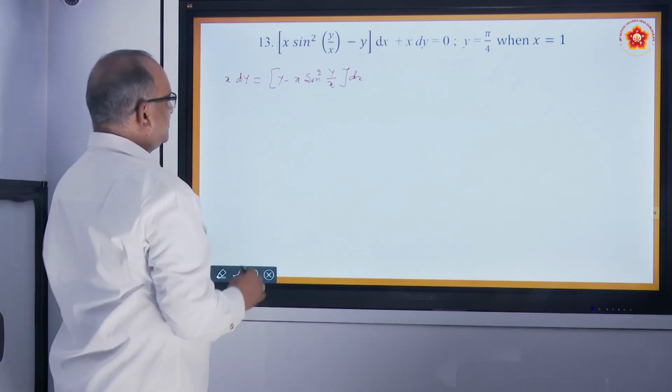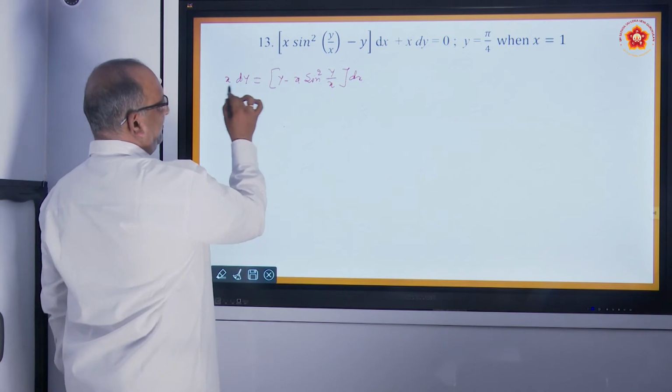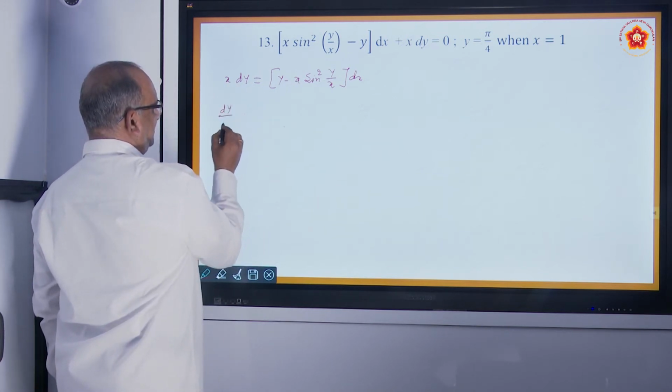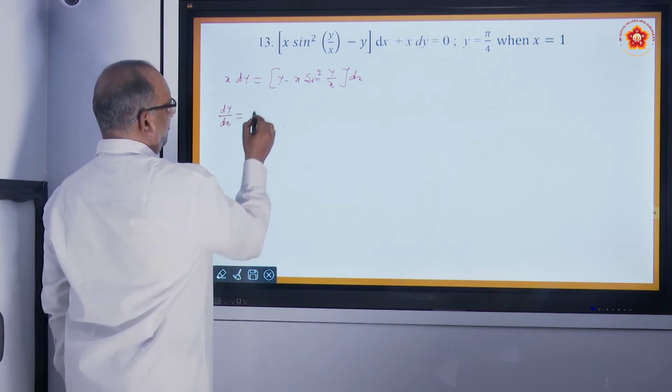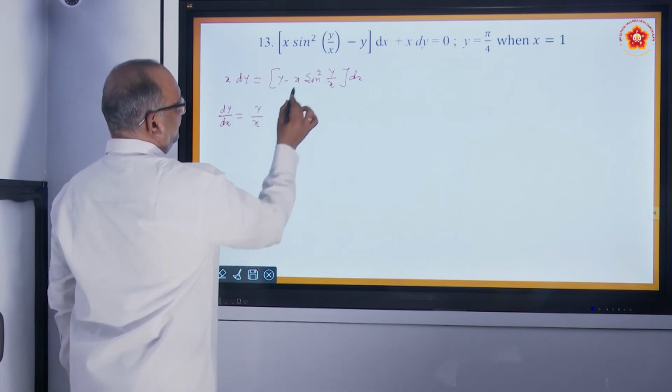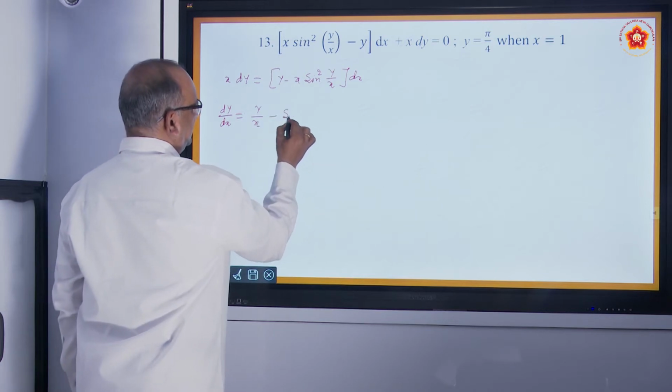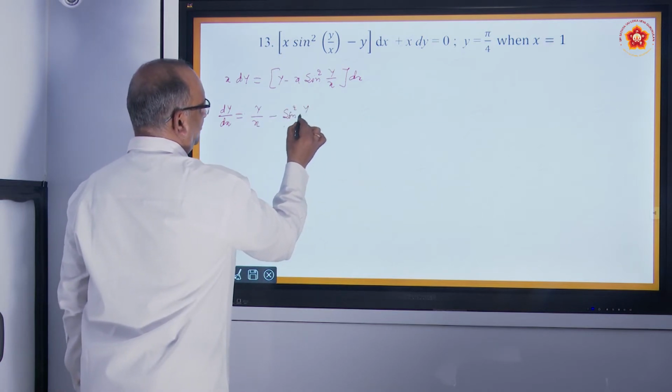So, what is dy by dx? Divide whole thing with x. So, you will get dy by dx equal to y by x. When you divide this with x, x will disappear. You will have minus sin square y by x.